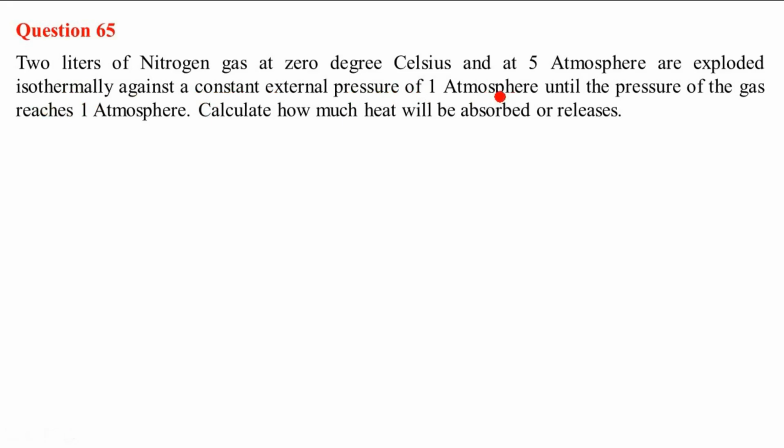If you have a constant external pressure, that means you have an irreversible process. That means you have an irreversible isothermal process because you have a constant external pressure and the question says isothermal.